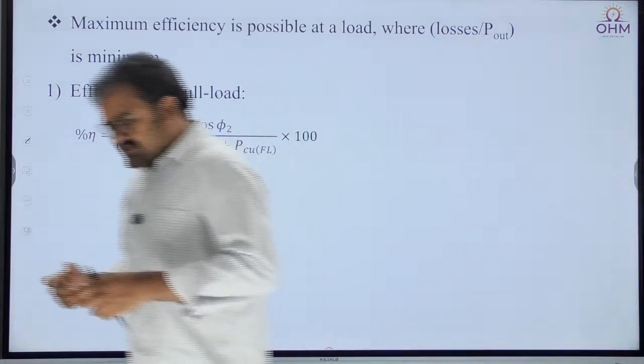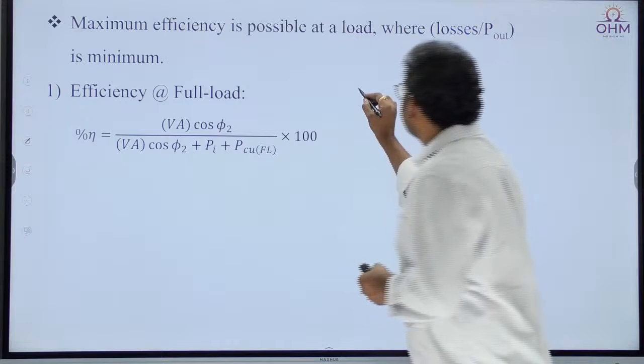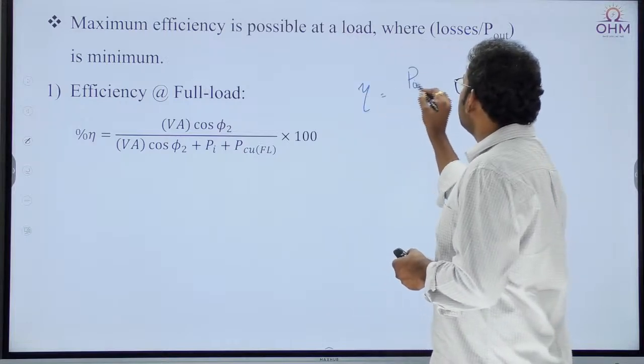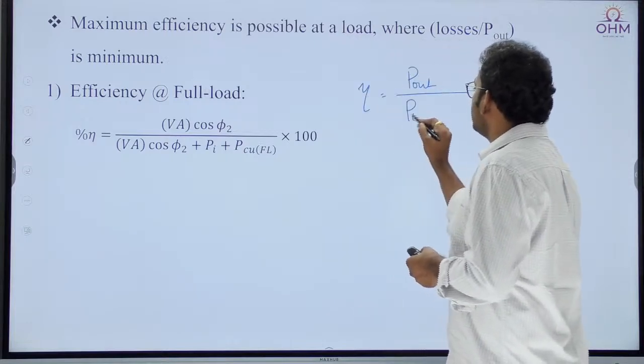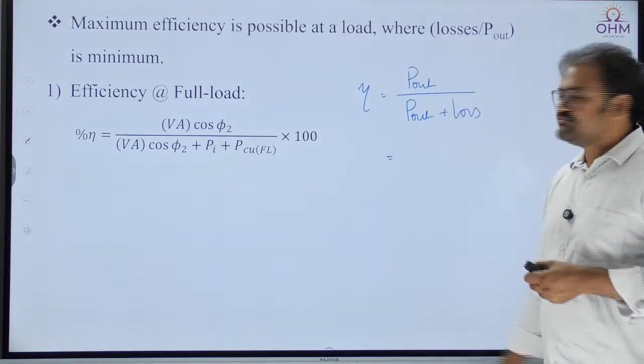Now we will try to understand the equation for various efficiency values, that is efficiency at full load, efficiency at half load, like that. So as I told you, what is the formula for efficiency? Output power by output power plus losses. For that I have to use active power.